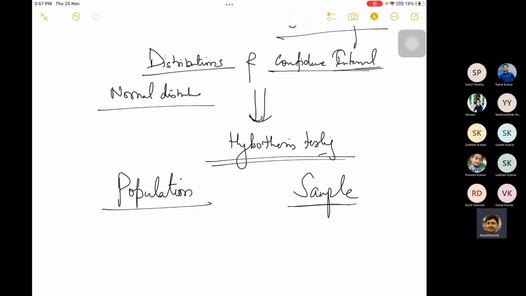Sometimes you have so huge a data set about the population. Let's say our country's population. We do not know the exact mean weight of a particular age.